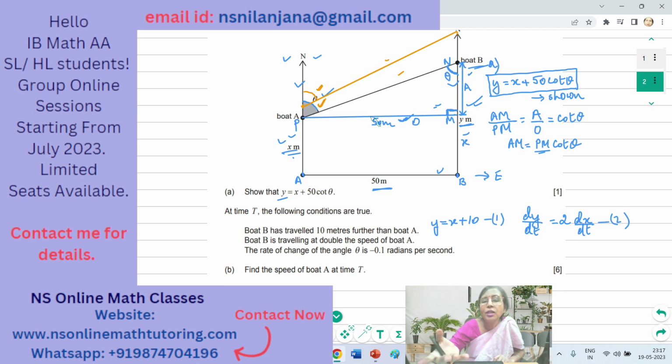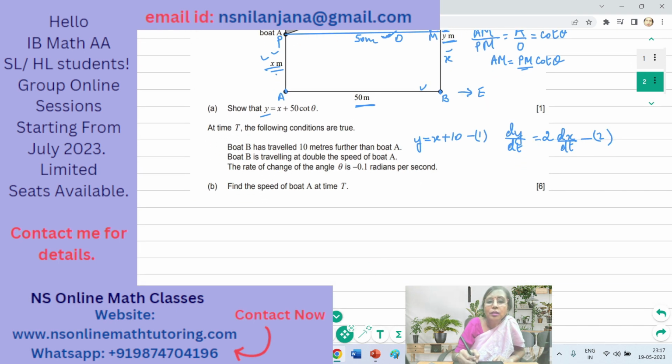That is, theta is changing with respect to time. So d theta/dt is equal to negative 0.1 radians per second.